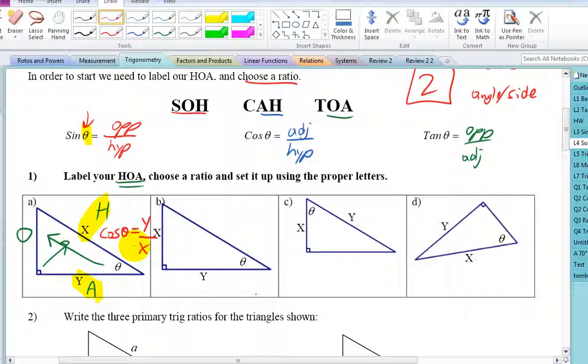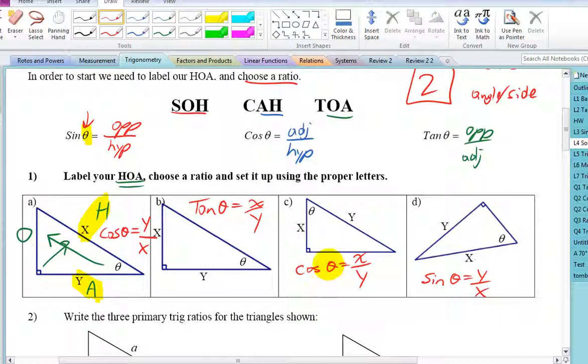Please complete B, C, and D. Go. So B is tan theta equals x over y.